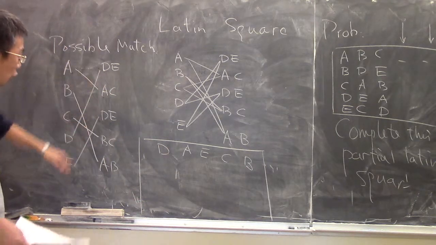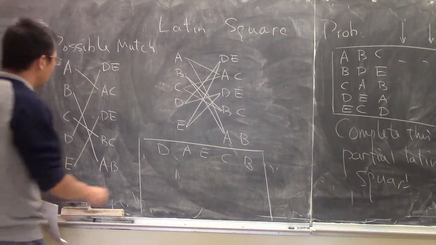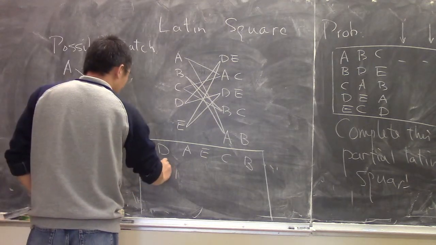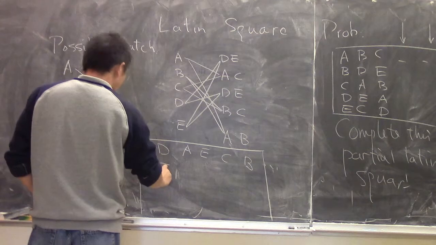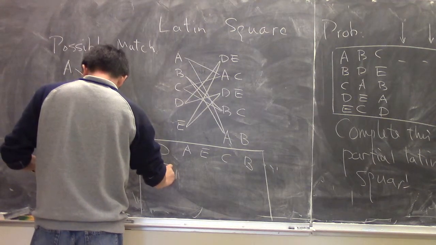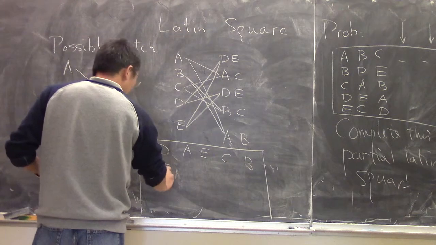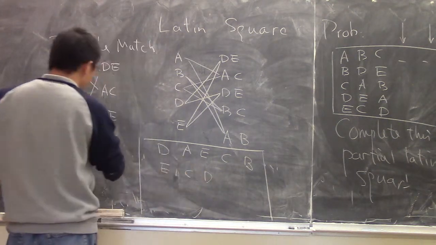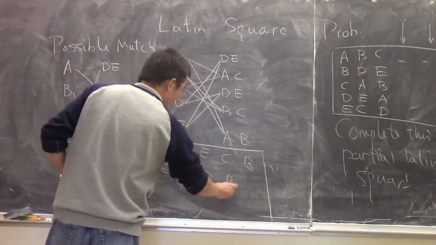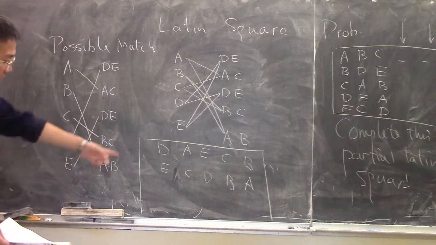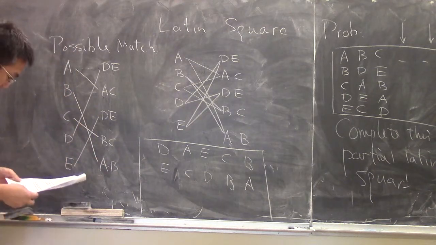Of course, the opposite also gives me another match. If I choose E from there, that's going to be E, and then I choose C, then I choose D, then I choose B, then I choose A. So that's another selection, also one matching.